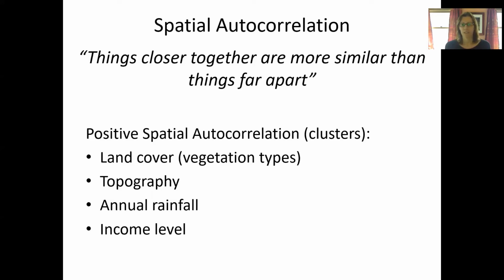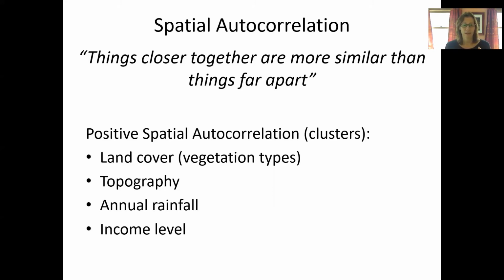So, for example, things that tend to have spatial autocorrelation are things like vegetation type, right? You're in a pine forest, you take a few steps to the right, you're probably still in a pine forest. Topography, right? So if you're in a high elevation area, the top of a mountain, take a few steps to the right, hopefully you're still at the top of the mountain.